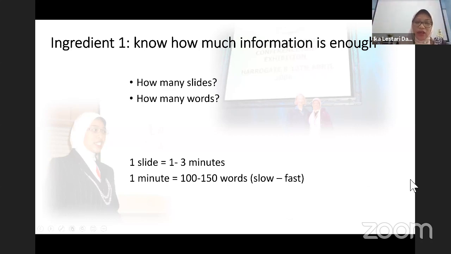And here, when I said one slide is around 1 to 3 minutes, or 1 minute is around 100 to 150 words, it can be adjustable, especially for the use of slides. For my presentation, usually one slide can last for 1 or 2 minutes. But there are people who use one minute of their time to present around 50 slides.